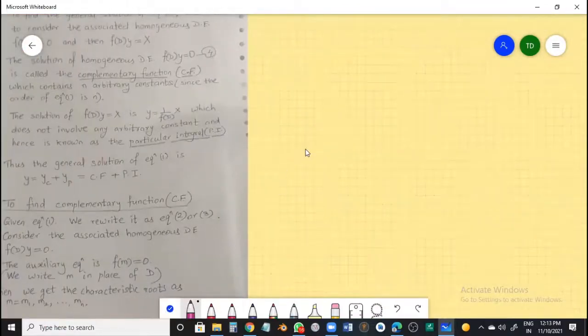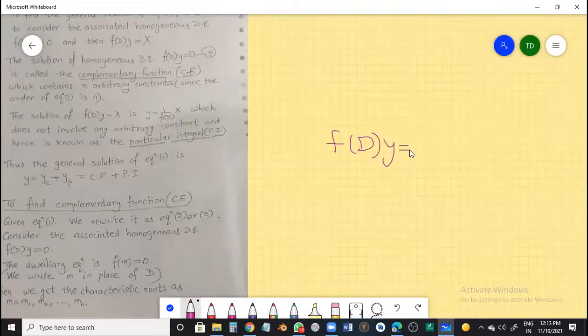I repeat, I have a polynomial operator f of D on y, and the right side is capital X, as we said.